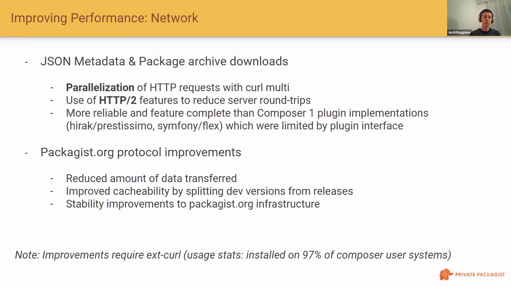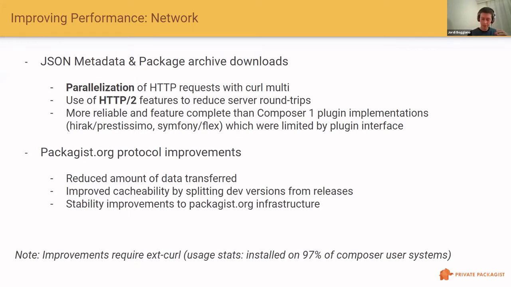Another aspect is that the protocol between packages.org and Composer was also improved quite a lot, and that reduces the amount of data being shuffled around. The cacheability is also improved by the fact that we split the dev releases, which represent the branches, from the rest.